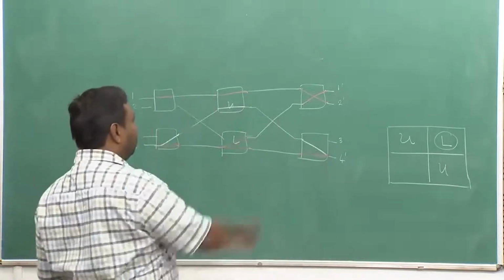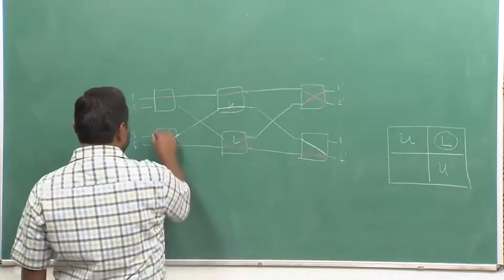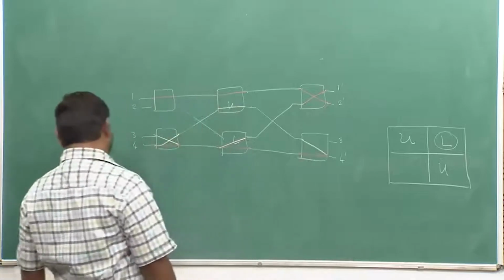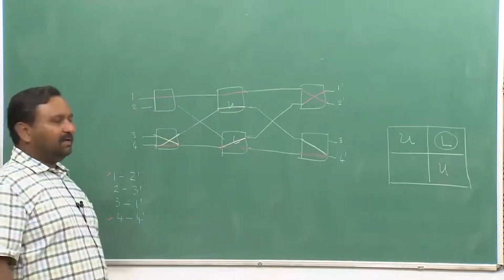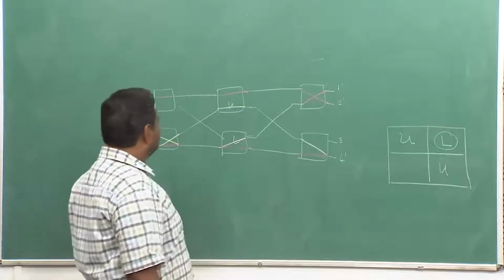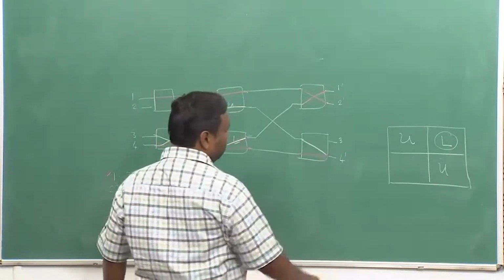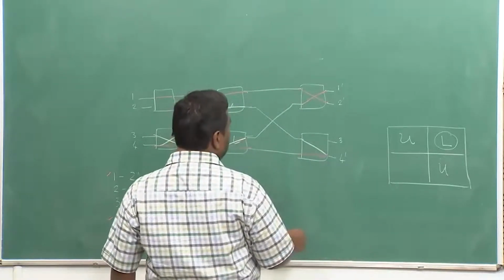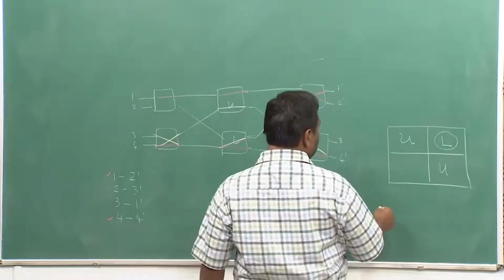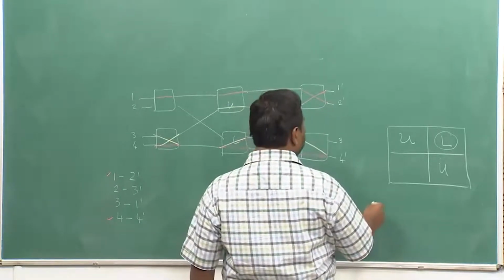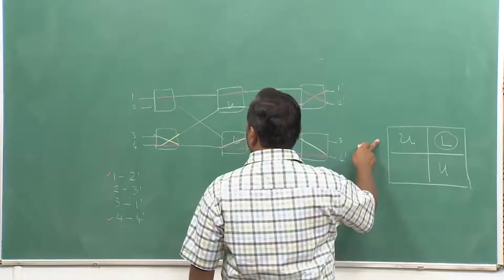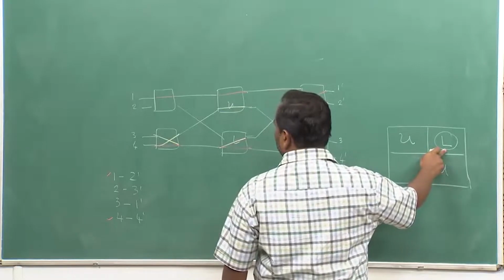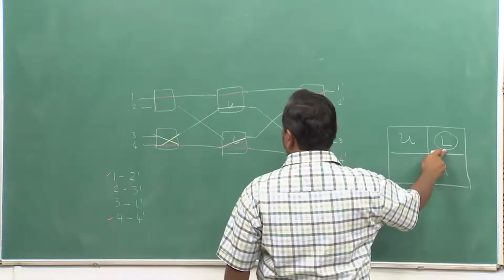And then of course put 3 via the lower one and connect to 1 prime. And then of course the last one, 2 to 3, also can be done. So 2 to 3 can go via the lower one.